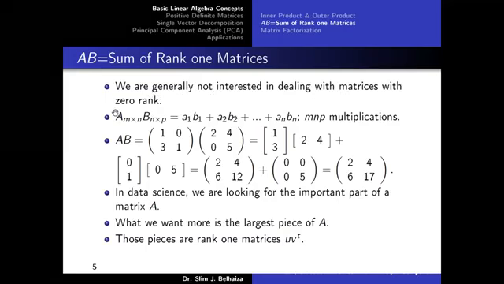So we'll write down a matrix AB as the sum of the products of columns by rows. For instance, you can see that AB here, which is the product of 2 by 2 matrices, you can detail it as the product of 1, 3, the first column in A, by the first row in B, plus the product of the second column in A by the second row in B, and you obtain the same thing.